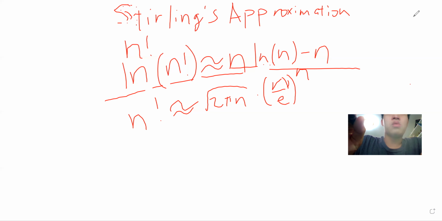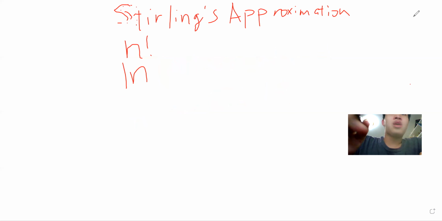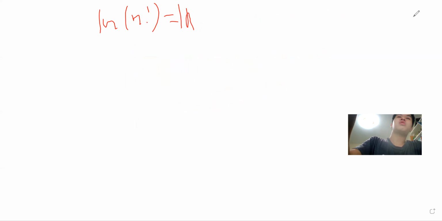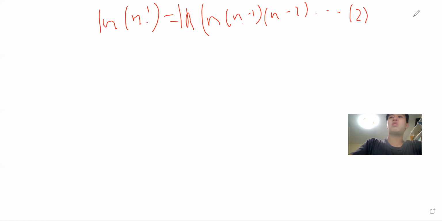All right, so let's see if we can prove the first formula. The natural log of n factorial: n factorial is n times n minus 1 times n minus 2 all the way down to 2 times 1.